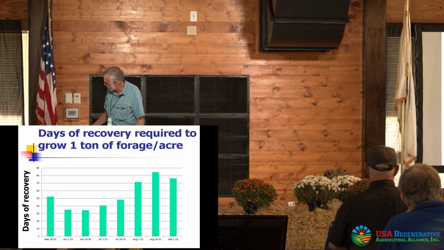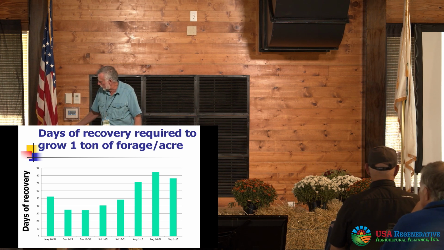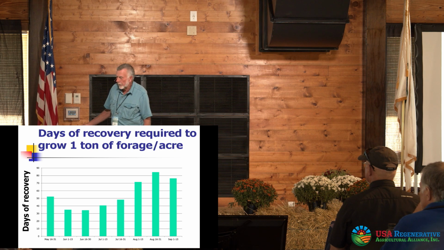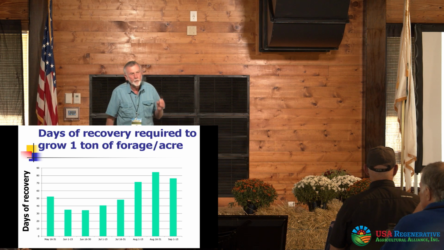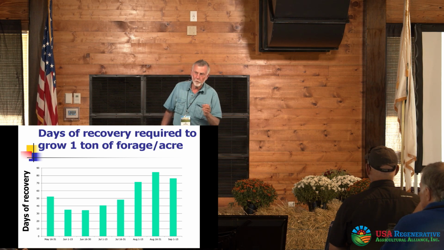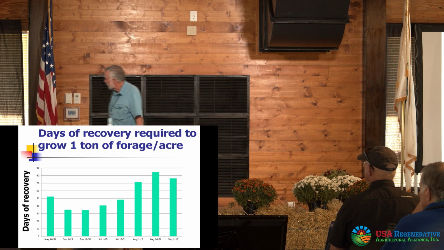You can see this is broken out in 2-week periods, and it tells me if I graze a pasture in the latter 2 weeks of May, it might take 50 days to recover. That is no longer true, because our season does start earlier, 2 to 3 weeks earlier than it did 10 years ago.